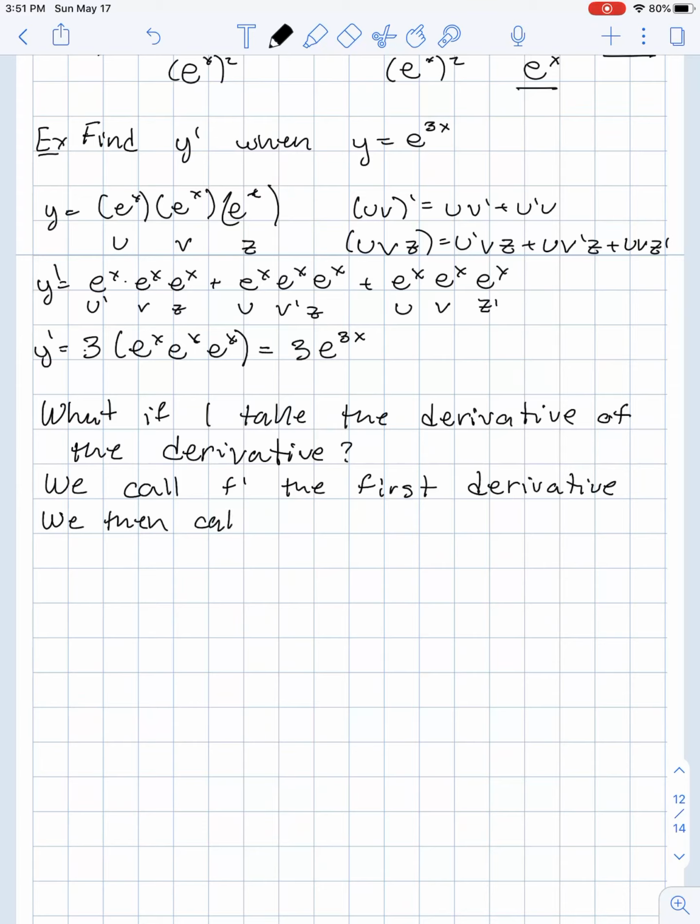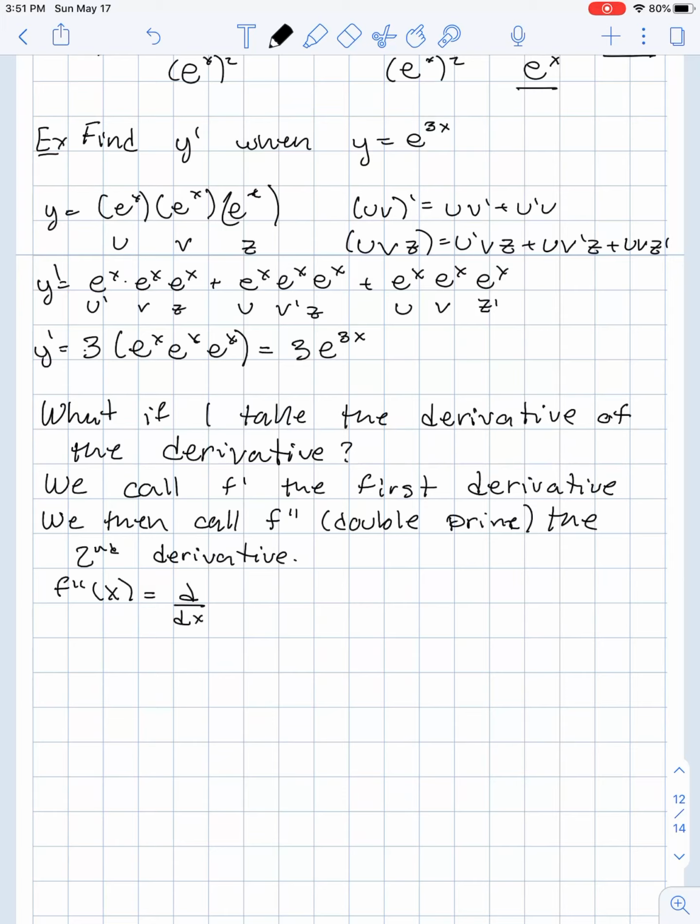We then can call f double prime the second derivative. We can write this a few ways.